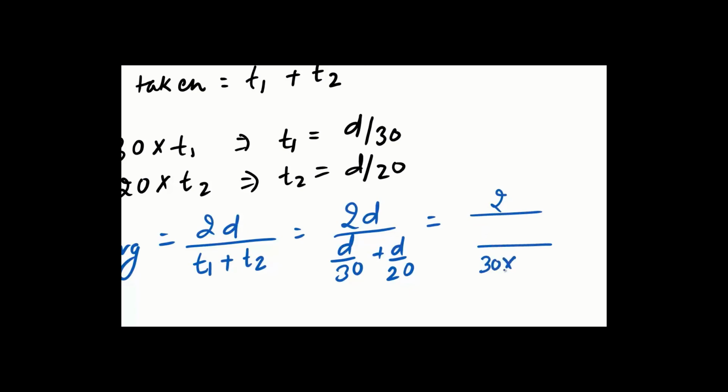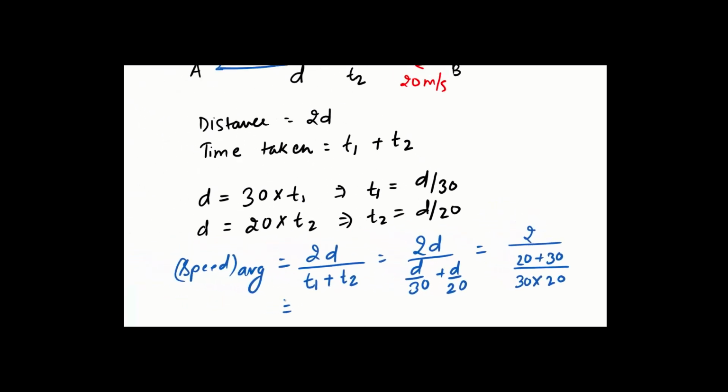So that will be 30 into 20, and here will be 20 plus 30. That comes out to be 2 into 30 into 20 over 50. Cancel, cancel, cancel. 6 into 2 into 2. That would be 24 meters per second.